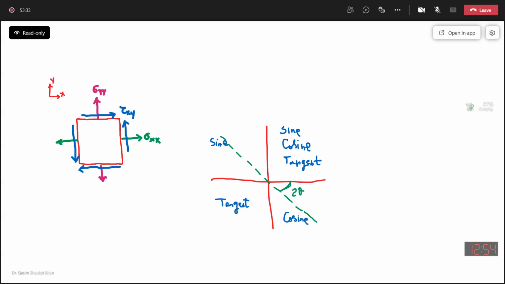So if you have a positive tan 2 theta, you will get two values of theta, one in this quadrant and another in this quadrant, and they will be 180 degrees apart. So 2 theta p1 and 2 theta p2 will be 180 degrees apart. Is this point clear?